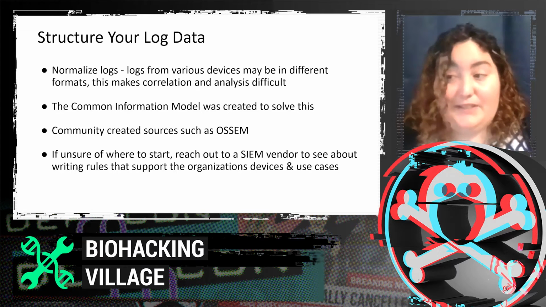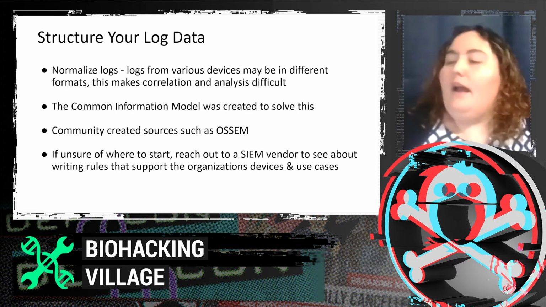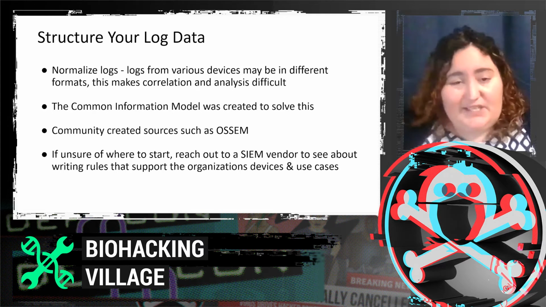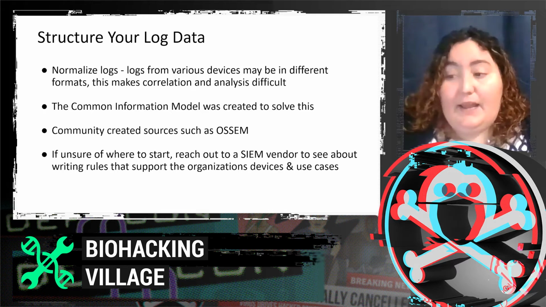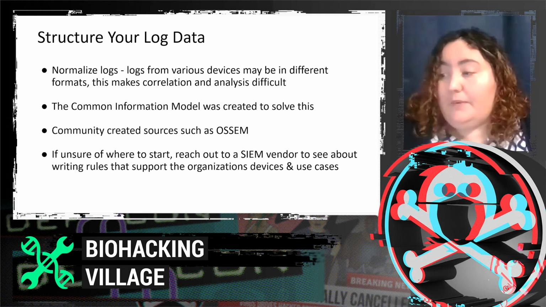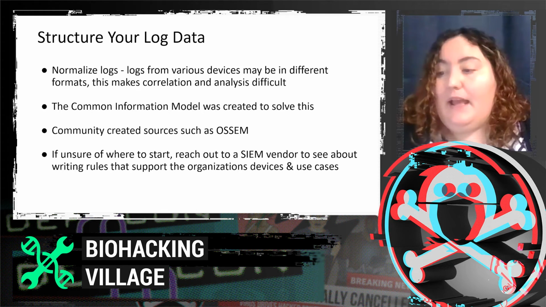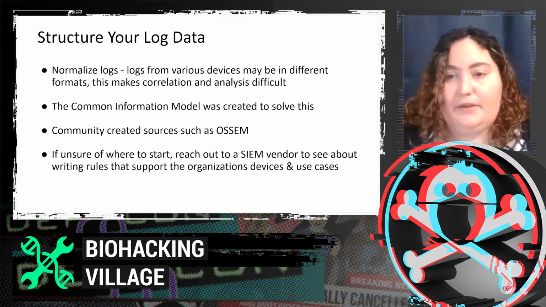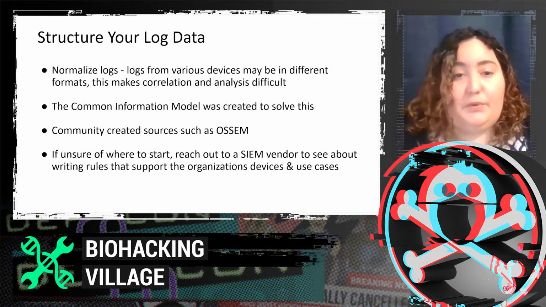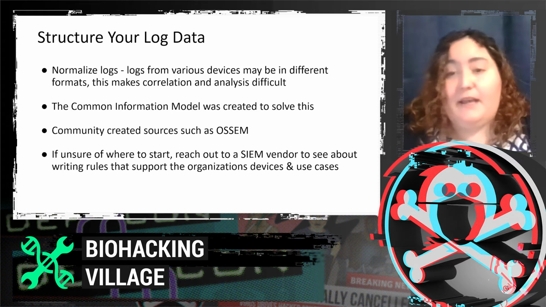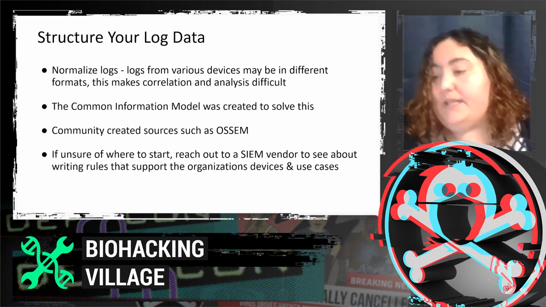You're going to want to structure your log data. You're going to have some normalization across logs. There's a common information model that was created to solve this, and an open source community that also provides some information on this, and I have a link to that in my resources.